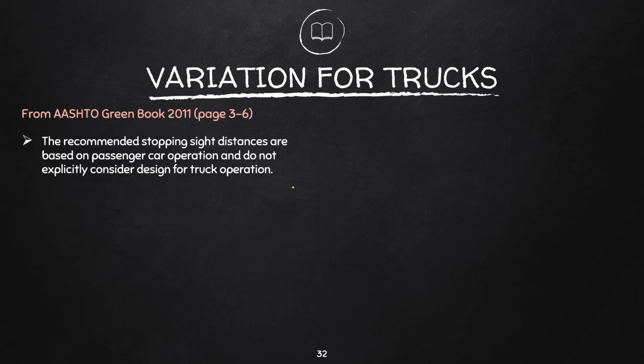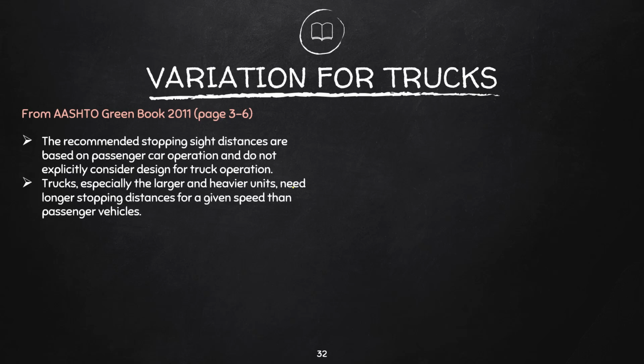So the design values, the value of 2.5 seconds for braking reaction time and the deceleration rate of 3.4 meters per second squared, are considered for passenger cars and not for truck operation. Of course, for trucks, it will have a greater value.